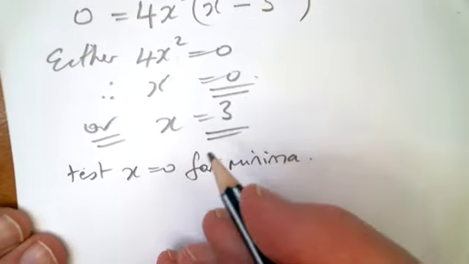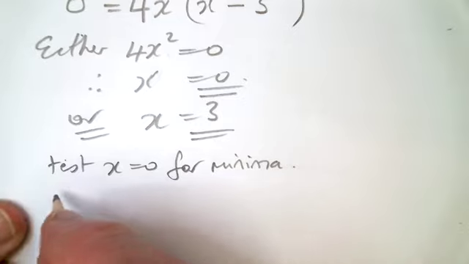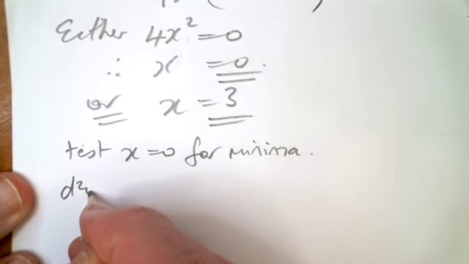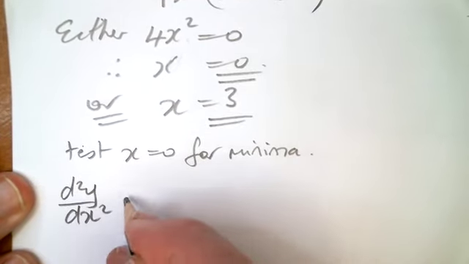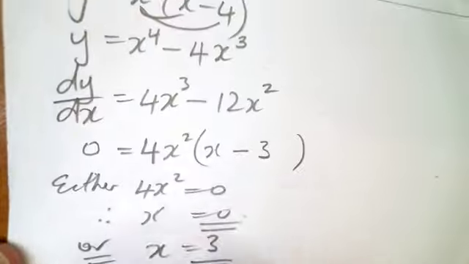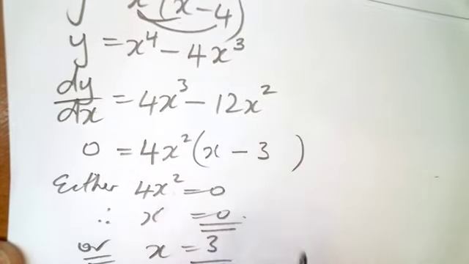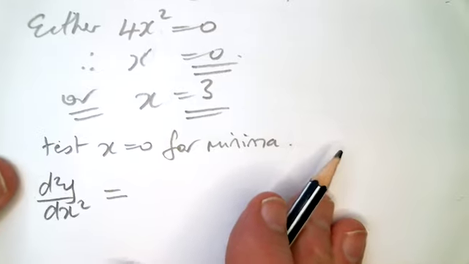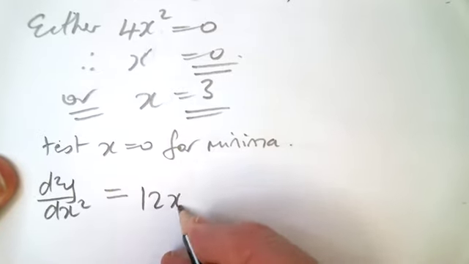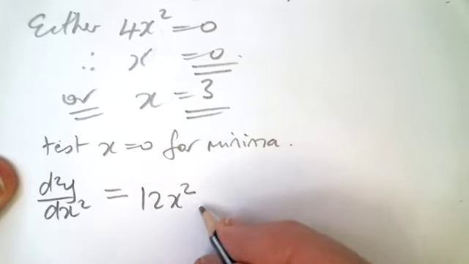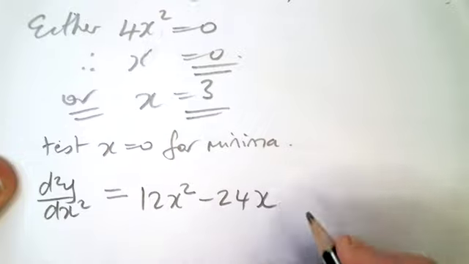So we're going to use the second differential test. So this is going to be d squared y over dx squared is equal to, well, here's the old one here, and we're going to differentiate that once more. So 4 3s are going to be 12x squared, and 12 times 2 is minus 24x.